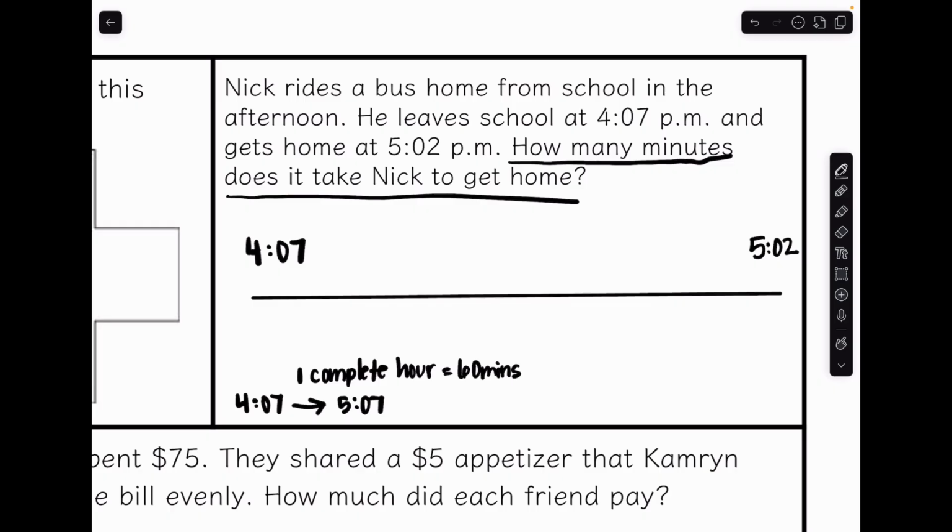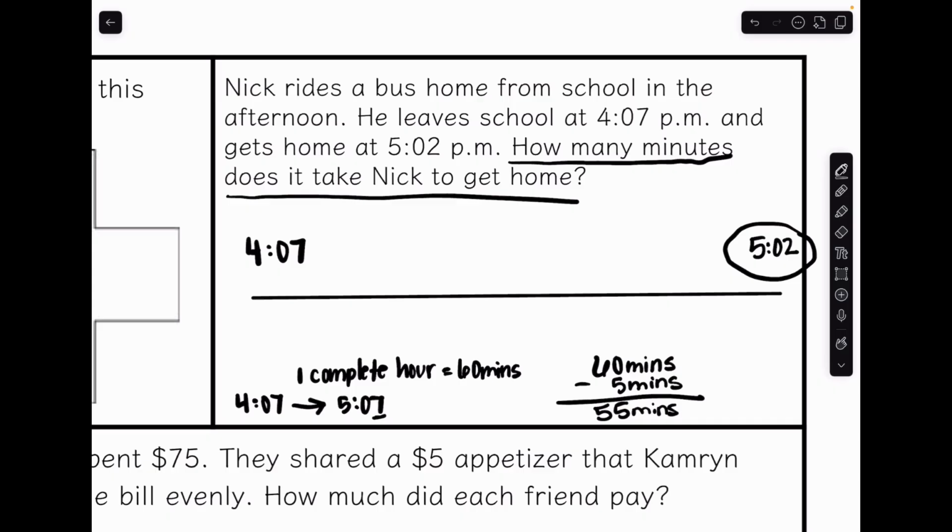Now, we are not going a complete hour because he got home at 5:02. So there's two ways that we can solve this. You could do mental math. You see, oh, a complete hour would be 5:07. We only have 5:02. What is the difference? 5 minutes. So 60 minutes minus 5 minutes equals 55 minutes. It took 55 minutes for him to get home.